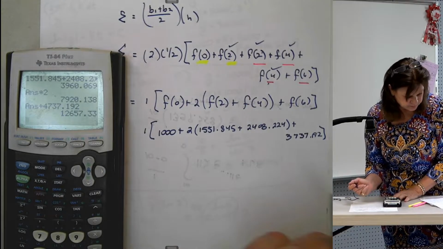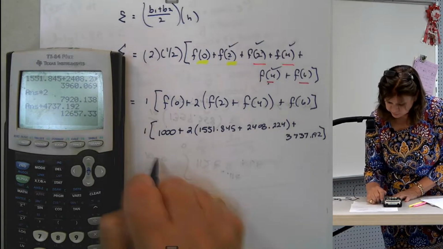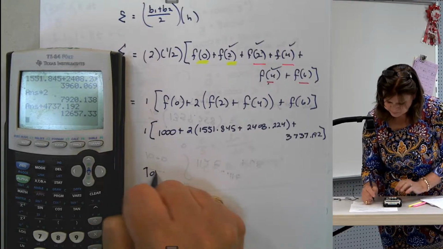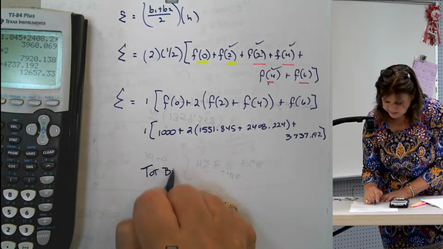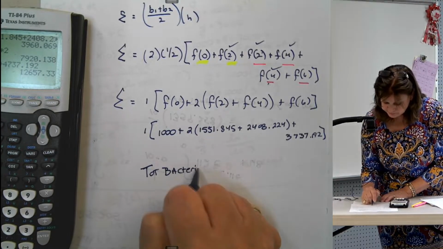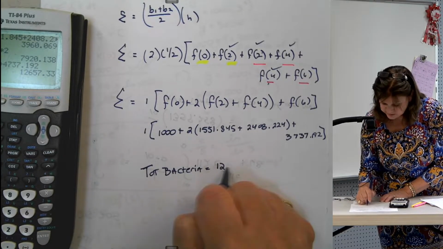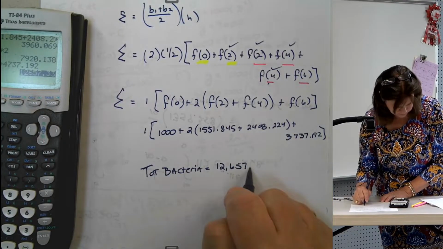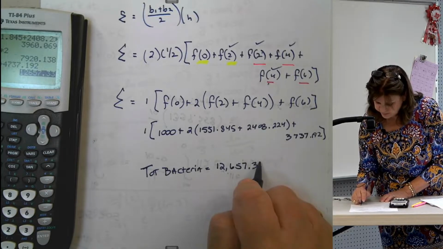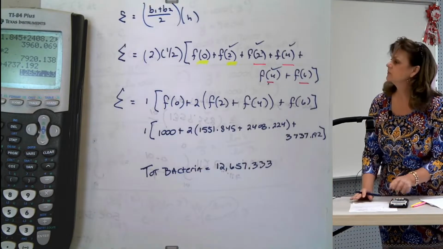So if I use the trapezoidal rule, I'm coming up with total bacteria is 12,657.333.